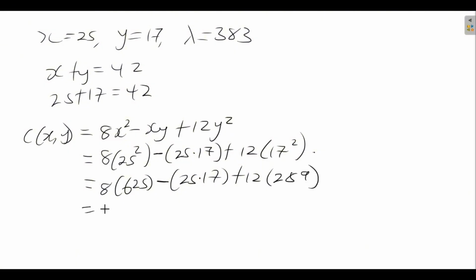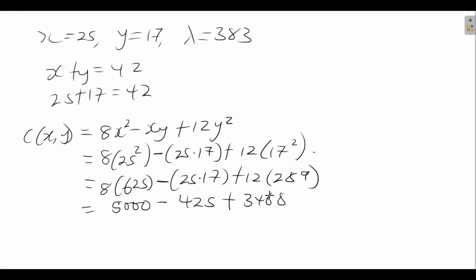So now we simplify this. 625 times 8 is going to be 5,000, minus 25 times 17, we are going to get 425, plus 12 times 289? Yes, 289. We're going to get 3,468.